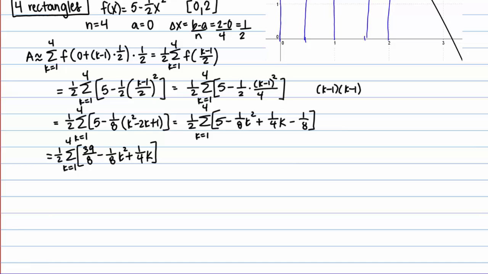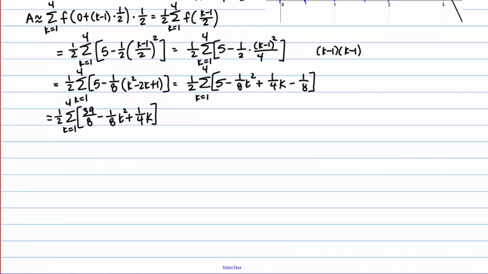Well, what I'm going to do is use my summation formulas. Remember, we have nice formulas for the sum of k squared, the sum of k, or the sum of a constant for some value of n. Those are what I'm going to use next. To make it a little easier to see how to use those, let's split up this summation. I have this 1/2 out front, and that's going to stay out in front of everything.